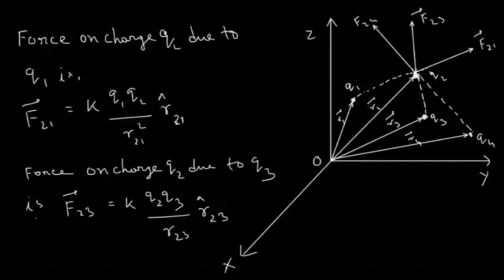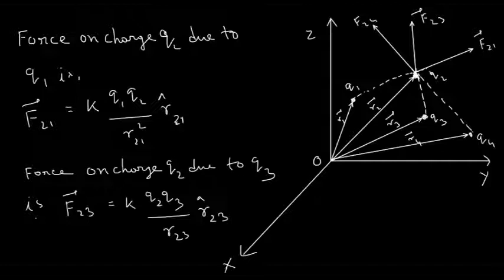Let R1, R2, R3 and R4 be their respective position vectors in the given coordinate system. Here we will find the resultant force F2 acting on charge Q2 due to the other charges.